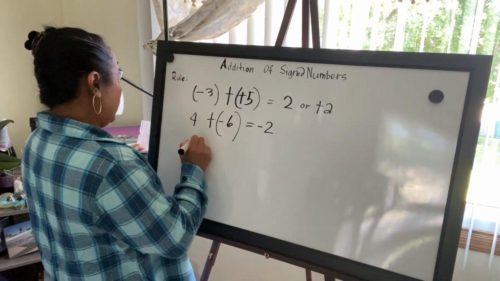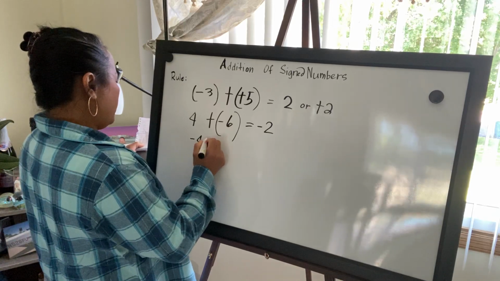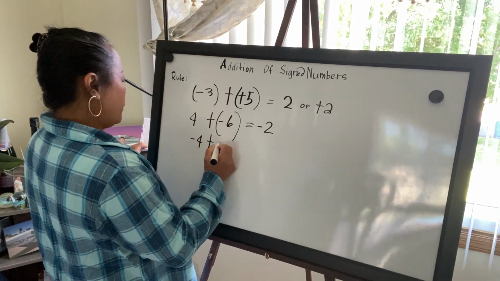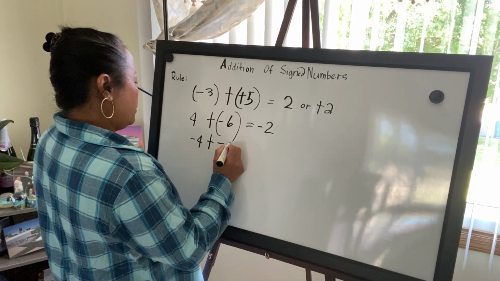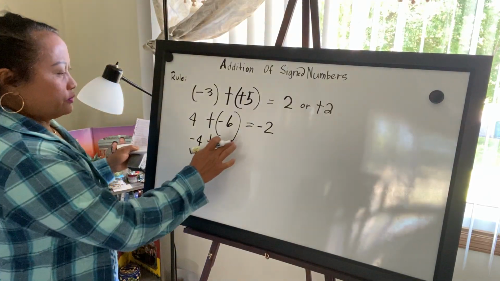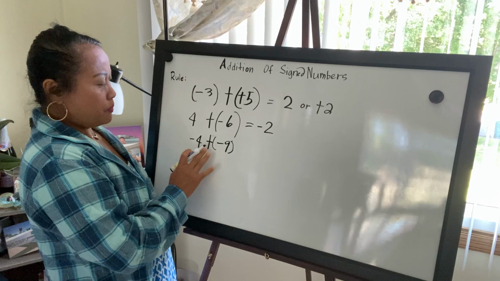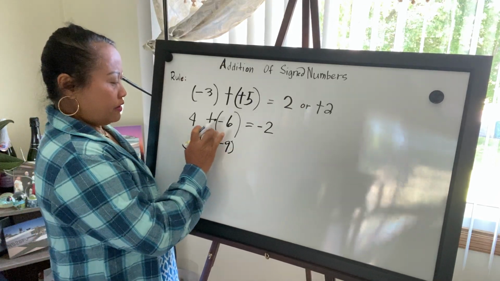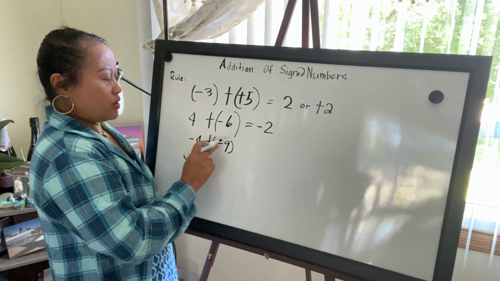Another example. Negative 4 plus negative 9. Look at the sign of these two numbers.